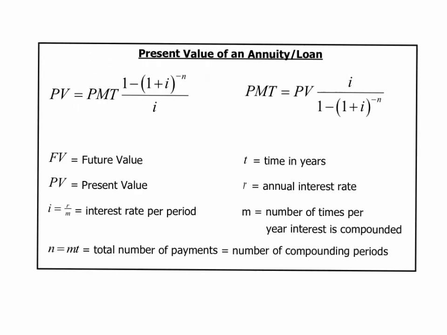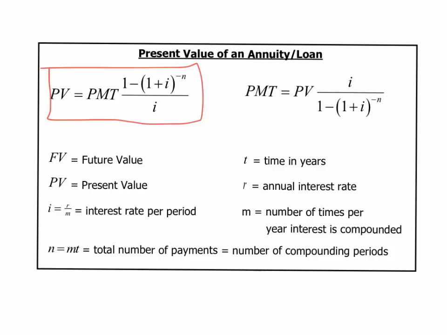The formula for finding the present value of an annuity or a loan is given here, and it looks similar to the formulas when we're talking about accumulating money. But instead of future value, we're going to be looking at present value, PV.